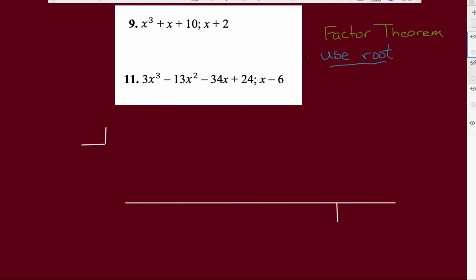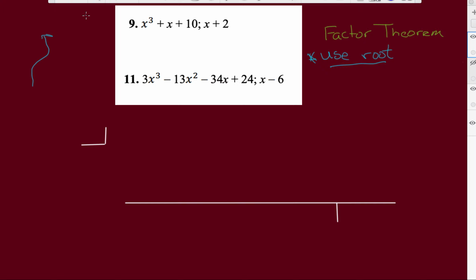That's the key. And I'm going to explain to you what the root is. The root is that value that tells us where this function crosses the x-axis. Because this is a cubic function, it looks something like this. It goes up, turns, and goes up again.